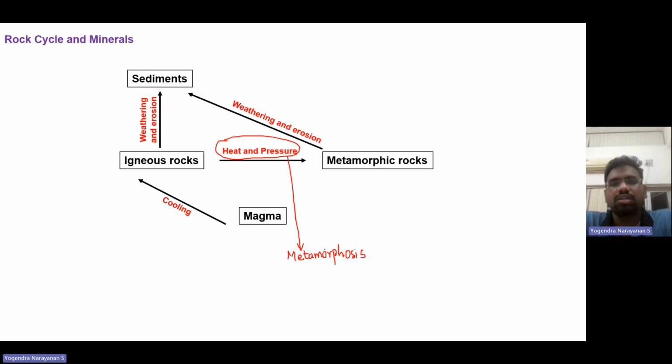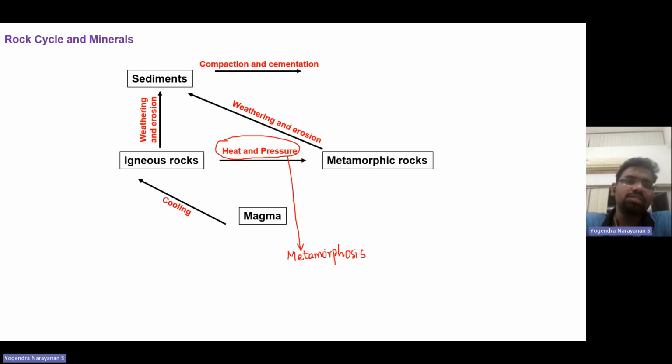These metamorphic rocks further undergo the same weathering and erosion due to various agents and processes as we saw earlier: physical, chemical, biological, and erosion by transportation agents like wind, water, gravity, etc. They tend to form sediments again. During weathering and erosion, their sizes get reduced, they get disintegrated from the parent rocks and form loose deposits of sediment.